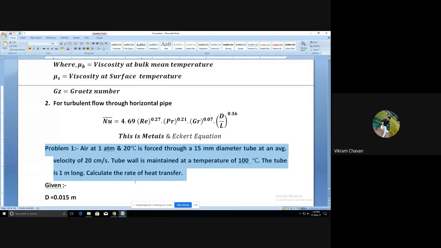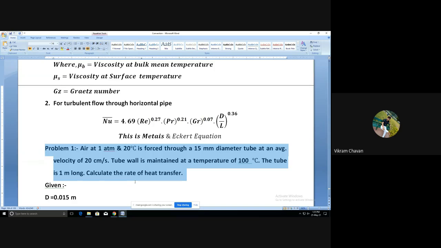The tube is 1 meter long. Calculate the rate of heat transfer. So the air is flowing through the tube.